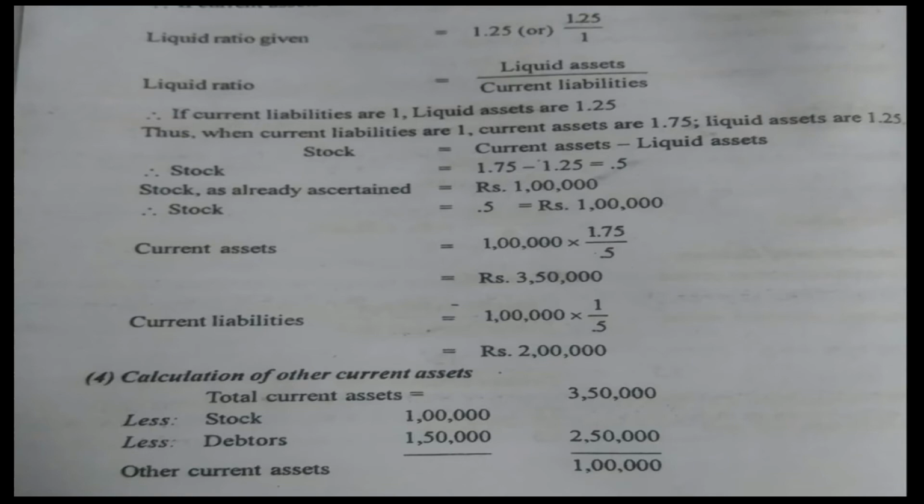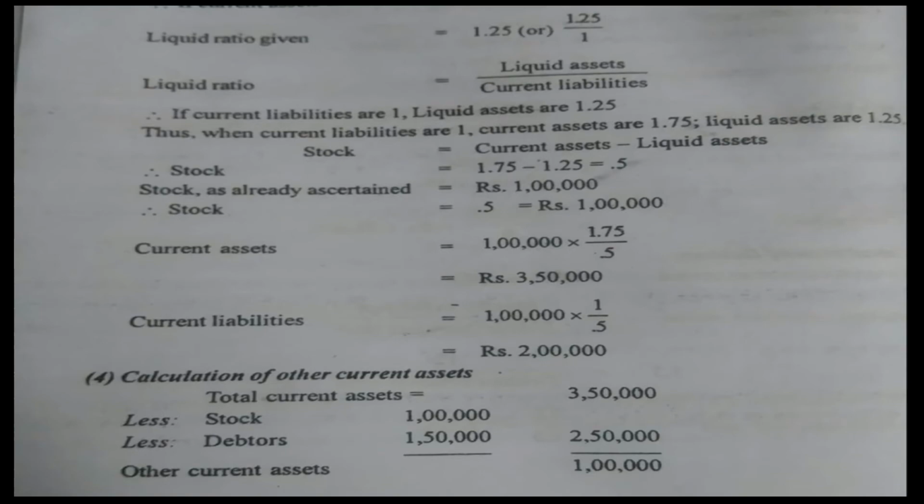The remainder is 1 lakh, because stock, debtors, cash, bank, everything put together is called current asset. Therefore, 3,50,000 minus stock minus debtors will give me other current assets. That is 1 lakh. Is it clear?